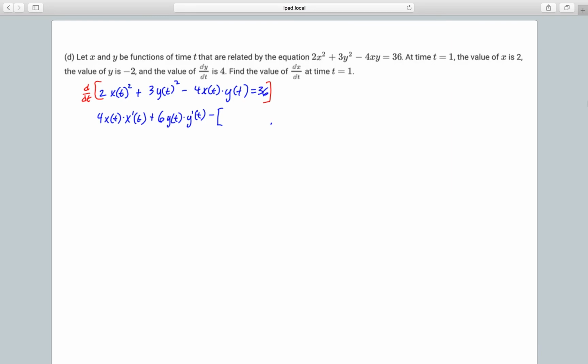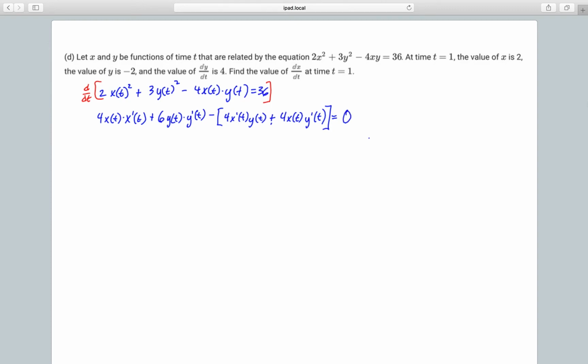So that's going to be 4x prime of t times y of t plus 4x of t, y prime of t, and then equals, derivative of 36 is 0.